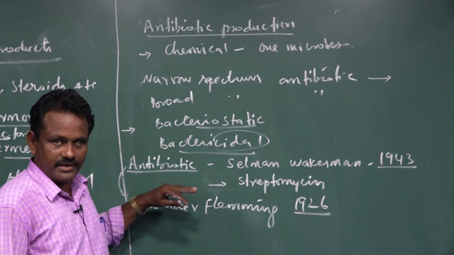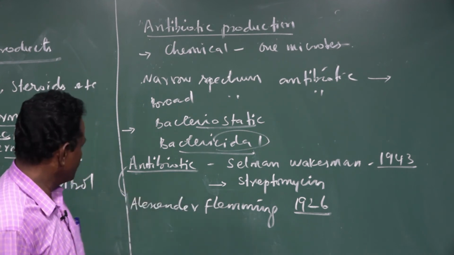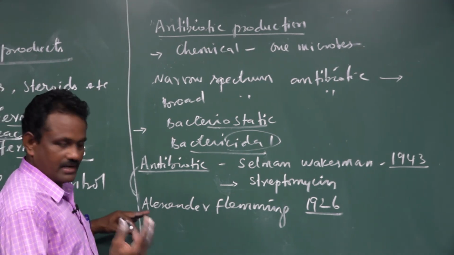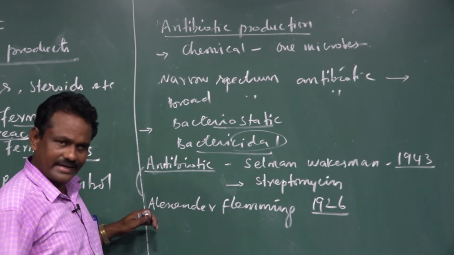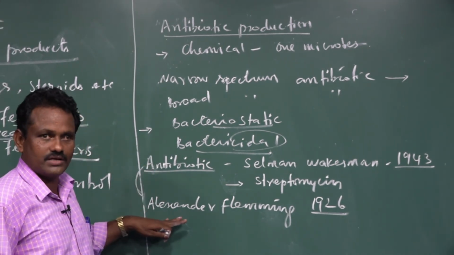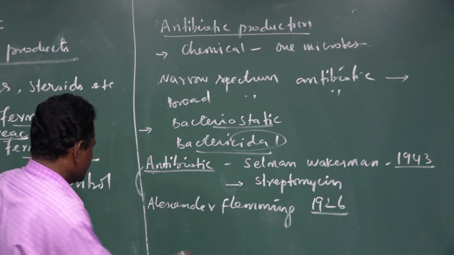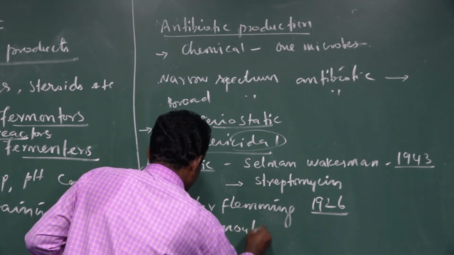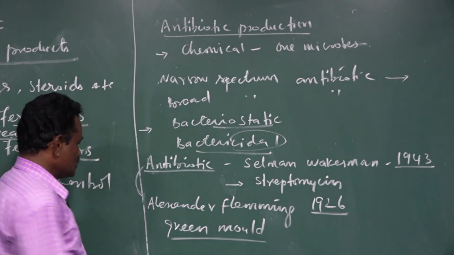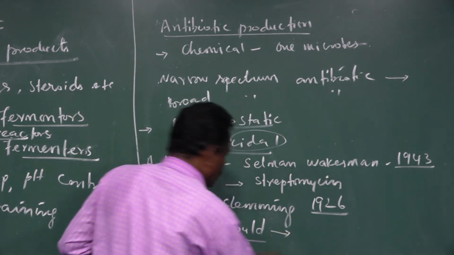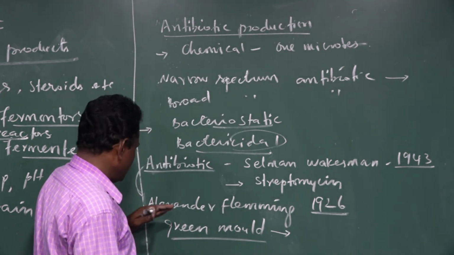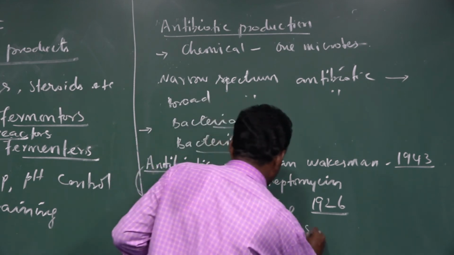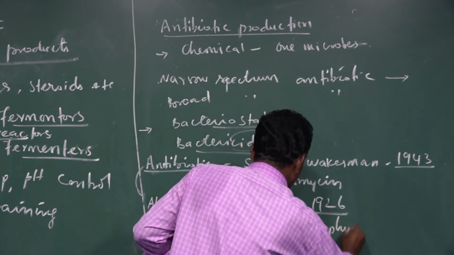When Fleming was working in his laboratory, he kept an unwashed laboratory vessel. The next day, when he observed it, he found the growth of some green mold on it. Where the green mold had grown, he found the bacteria missing. He was working on the bacteria called Staphylococcus.